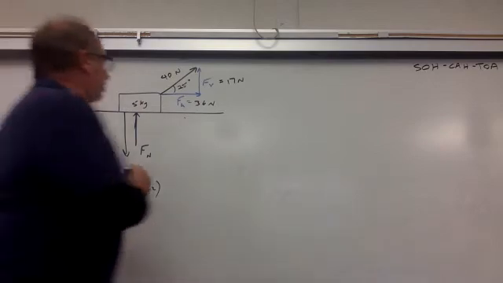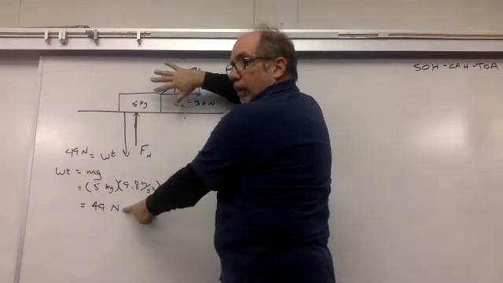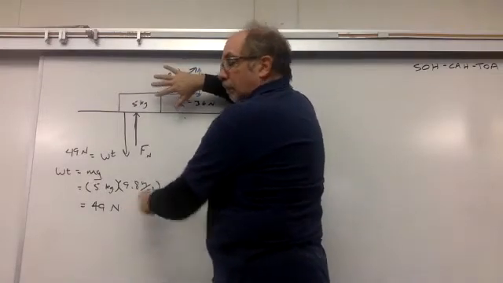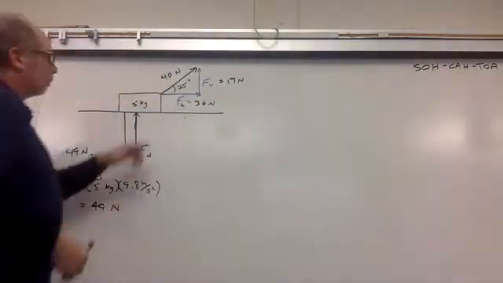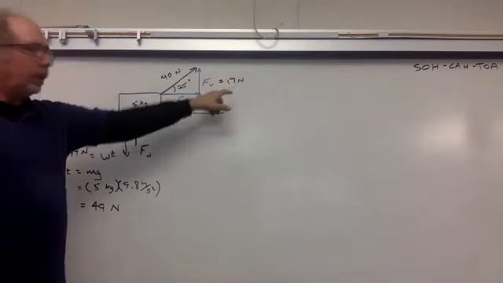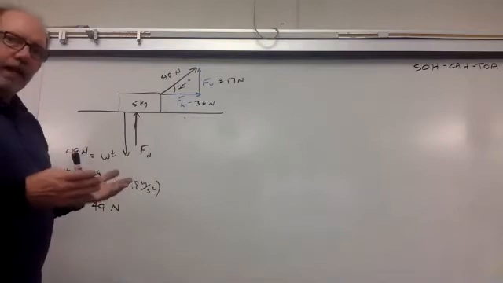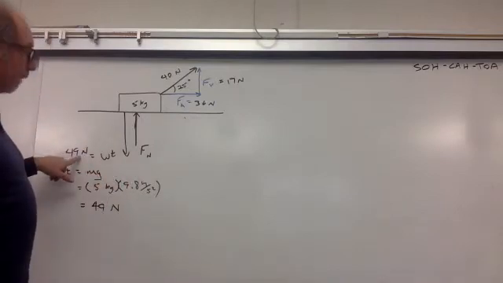If the box were just sitting on the table, that normal force would match it at 49 newtons. But in this case, the rope takes some of that weight off, and so the forces up equal forces down for equilibrium, right? The force down is 49.